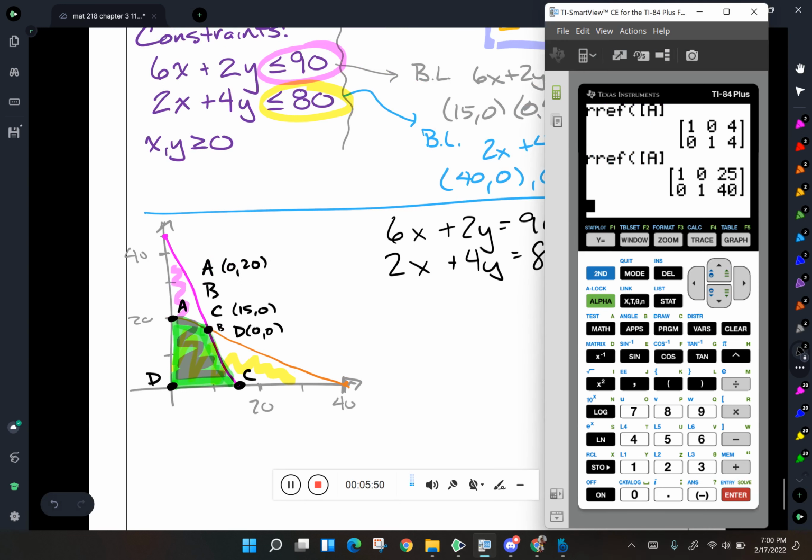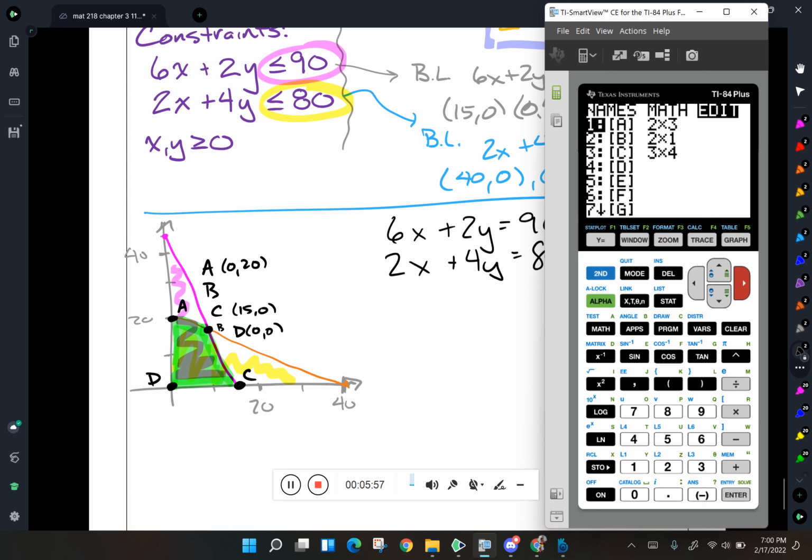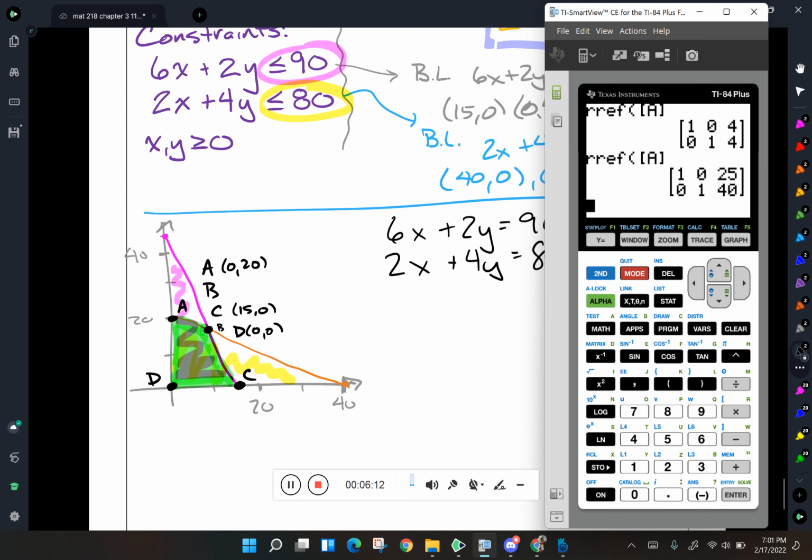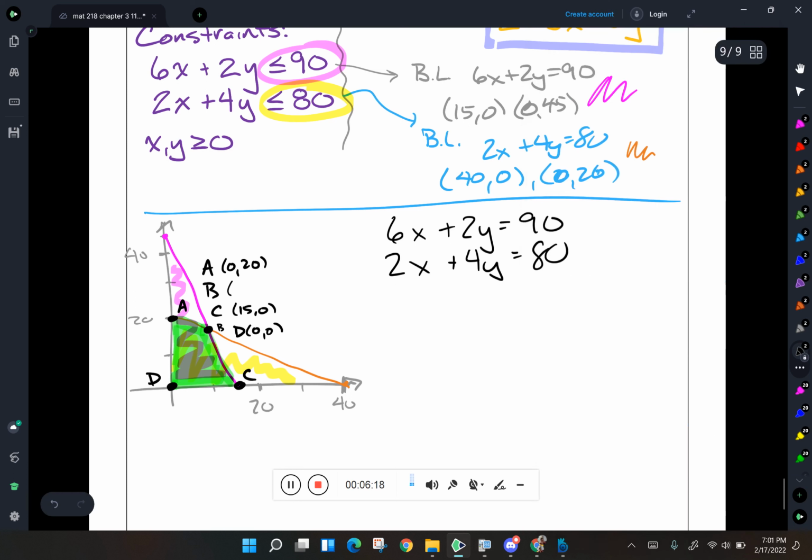I'm going to grab my calculator, go to my matrix menu, and edit that matrix: 6, 2, 90, 2, 4, 80. Second quit, rerun that command, and I get 10 and 15. So that corner right there is (10, 15).